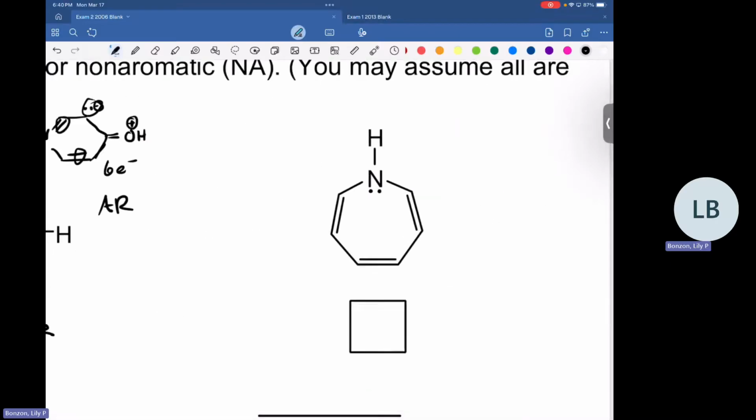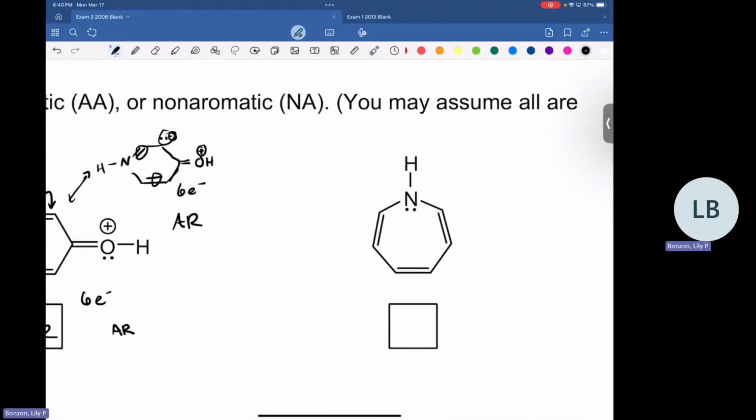All right, for our last one, we have a cycloheptane. So we have 2 with our nitrogen, 4, 6, 8 electrons. Well, once you get the hang of this, you'll be like, okay, 8, that doesn't fit the 4n plus 2 rule. So this would be anti-aromatic.